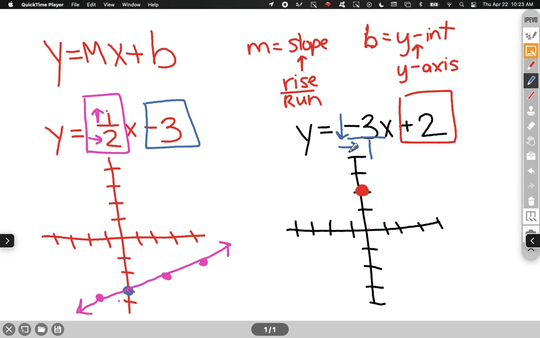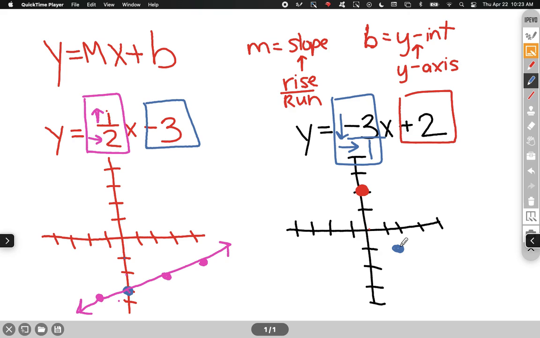All right, now look. We only have one negative sign. The down takes care of the negative. So then we just go over 1. Because if we do negative and a negative, that turns into a positive. We don't want a positive 3, it's a negative 3. So we are going to go down 3. 1, 2, 3, over 1. Now does that make a downhill slope?